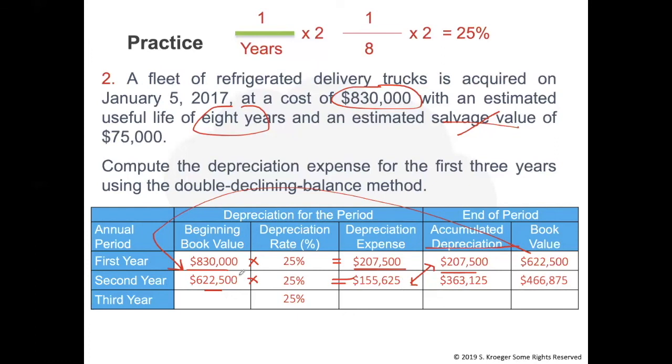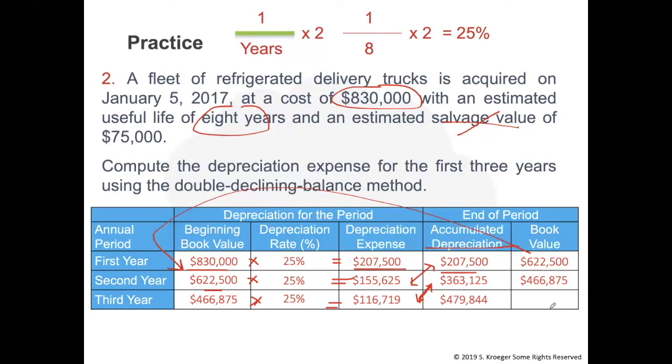Remember, that number now becomes the beginning book value of the next year. Do the same thing. You would multiply by 25% to equal 116,719. The accumulated depreciation would be these two added up together, the 363,125 plus the new depreciation of 116,719. We would get $479,844.